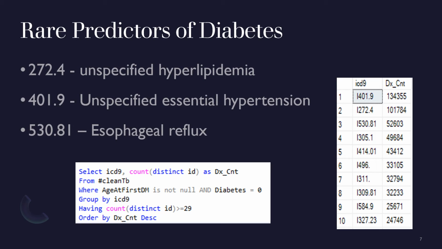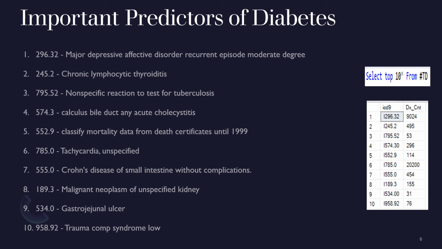These diagnoses were filtered from the dataset where a patient has been diagnosed at least 29 times and does not have diabetes. The 10 important predictors of diabetes include, but are not limited to, major depressive disorder, chronic lymphocytic thyroiditis, and non-specific reaction to tuberculosis.